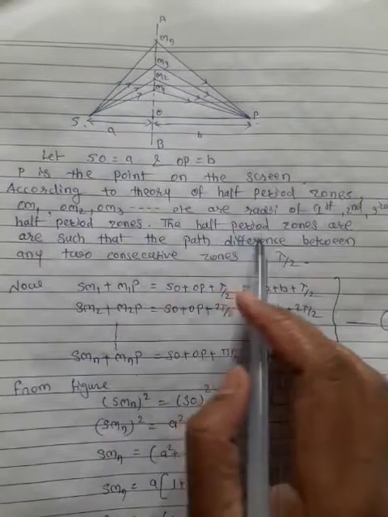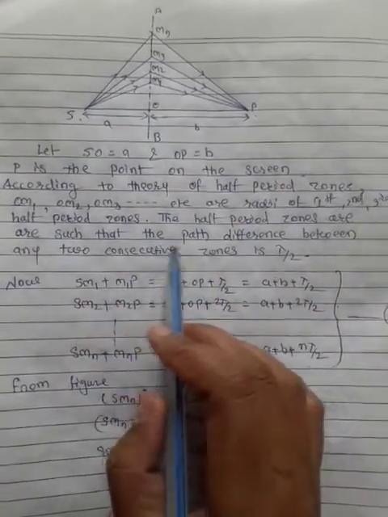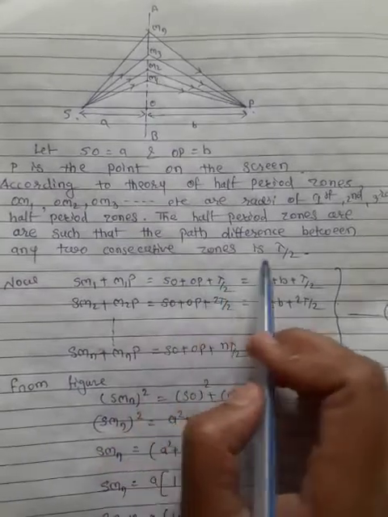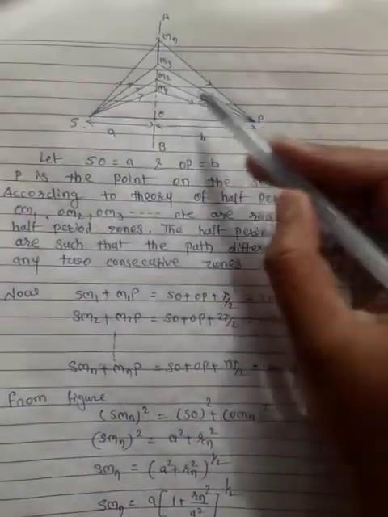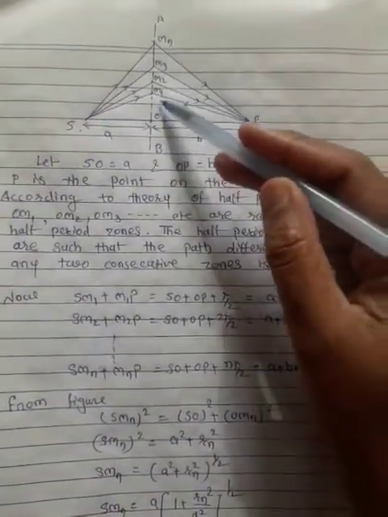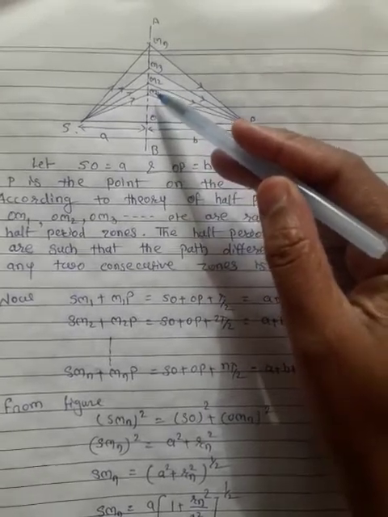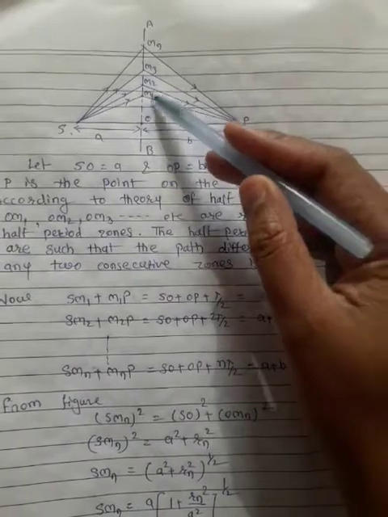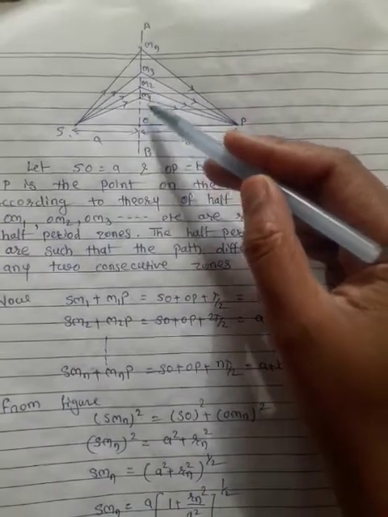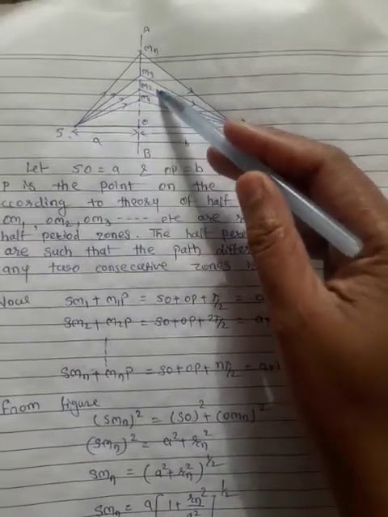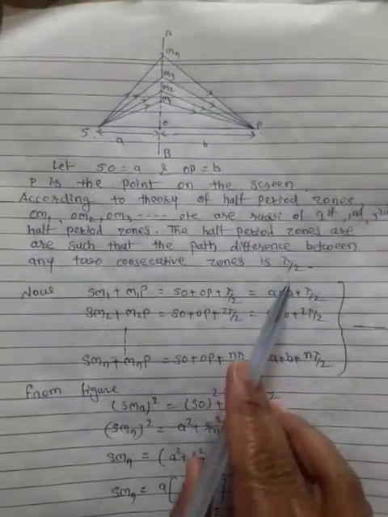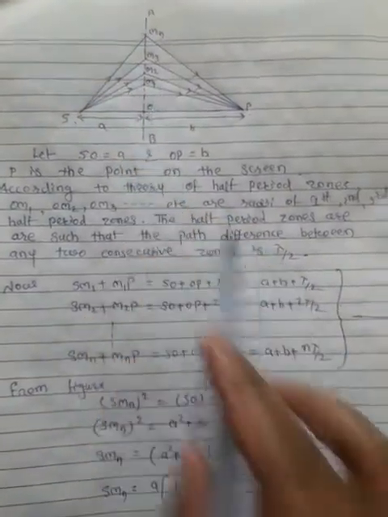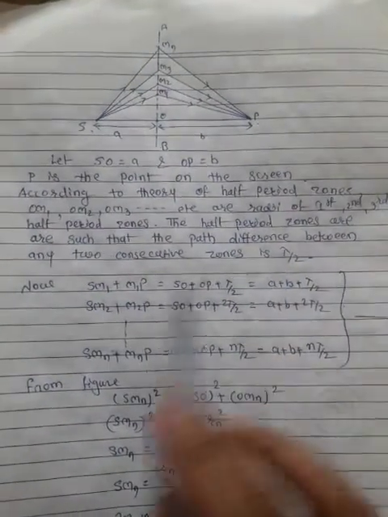The half period zones are such that the path difference between any two consecutive zones is lambda by 2. As we studied in Fresnel half period zone theory, the difference between the two half period zones, that is OM1 and OM2, is lambda by 2.